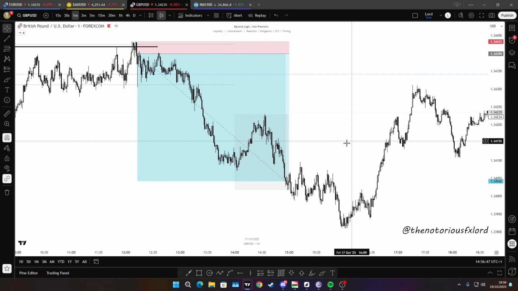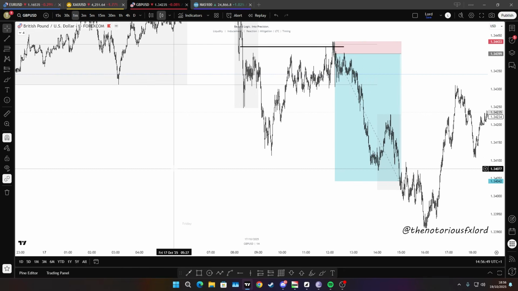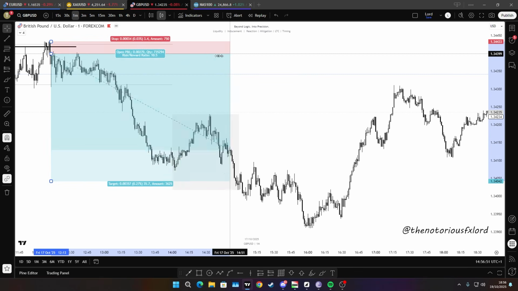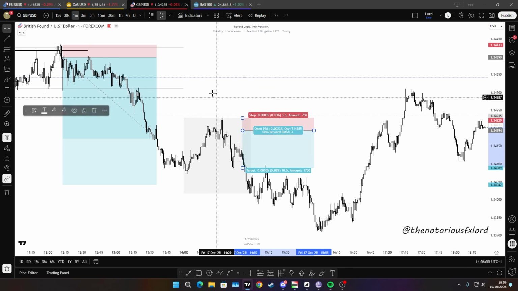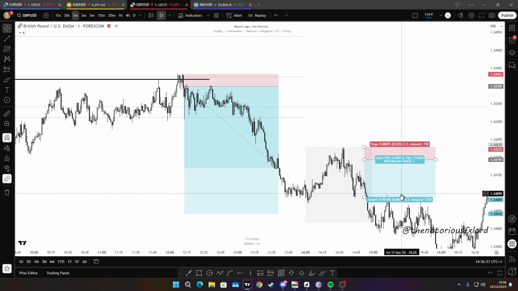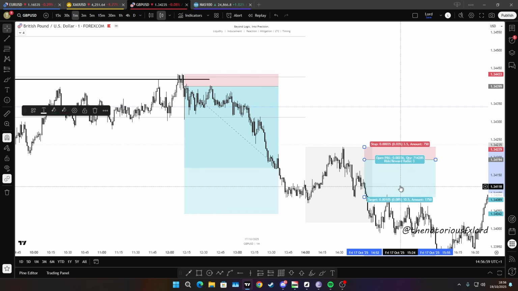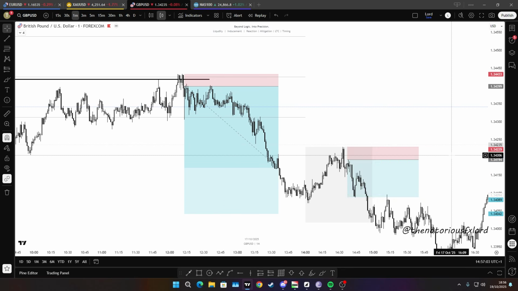We do have a minor entry in here as well, reacting to a liquidity in the USI. Another entry right up there. By the way, this entry and this entry are based on the volume candles. I did explain them in my YouTube video and in public session as well.